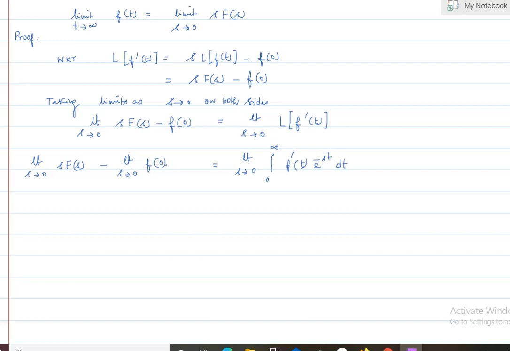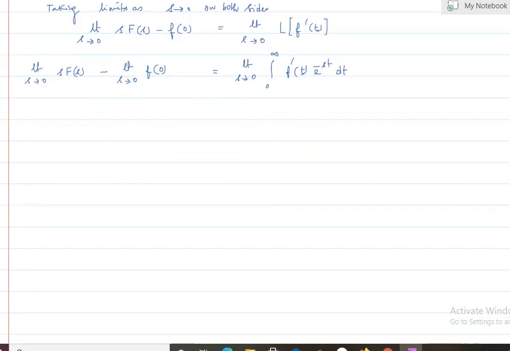Now we will simplify both the left side and right side. The first term, the left side is limit s tends to 0 s into F of s minus, so this is nothing but f of 0, because the limit is given to the variable s tends to 0, so automatically it is f of 0.